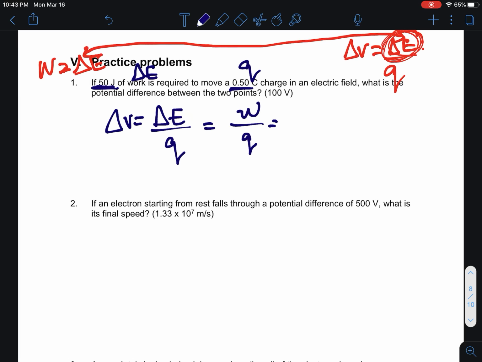The work is 50 joules. The charge is 0.50 coulombs. And when you divide those out, we can do this without a calculator, right, Will? You get 100 volts. So 100 volts of potential difference between the 2 points by taking that work and dividing it by charge. Easy, easy, easy.